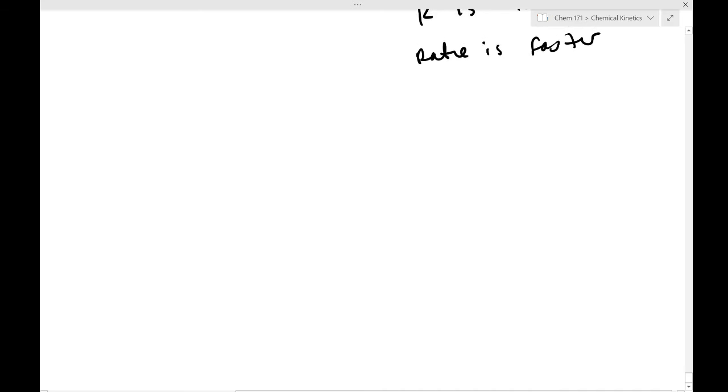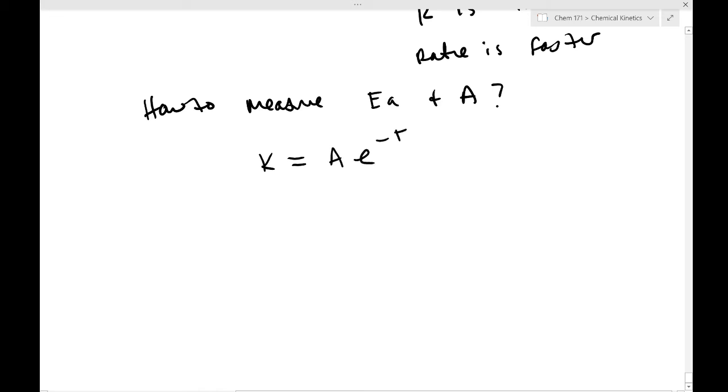The next question, though, is where do we get these terms, EA and A? How do we measure them? If we look at the initial equation for the rate constant, we have k equals A times e to the negative EA over RT.